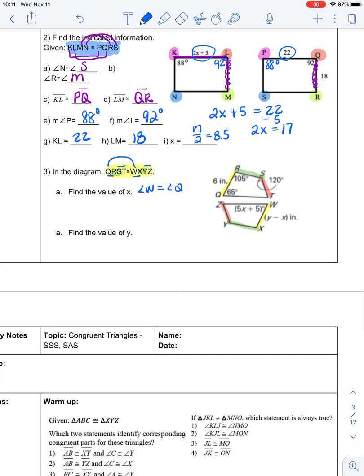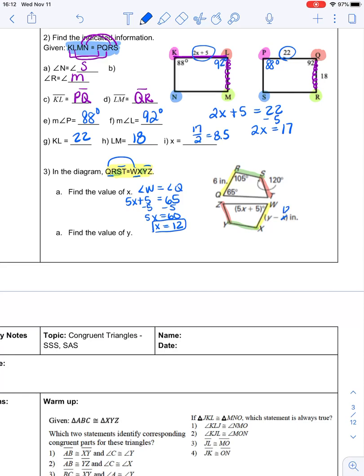So angle W is equal to angle Q. Well, angle W was 5x plus 5, and angle Q is 65 degrees. So now I have my equation set up. I can solve it. Subtract 5 from both sides. 5x is equal to 60. Divide both sides by 5, and you get that x is equal to 12. So that is the value of x.